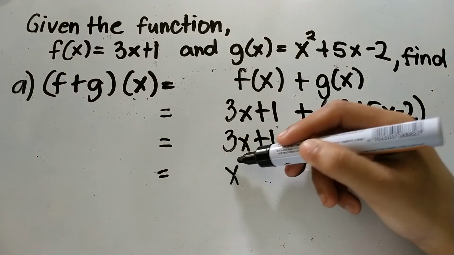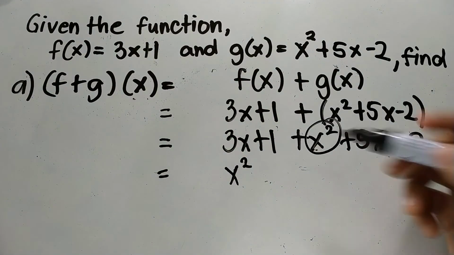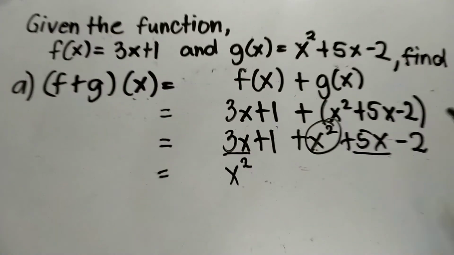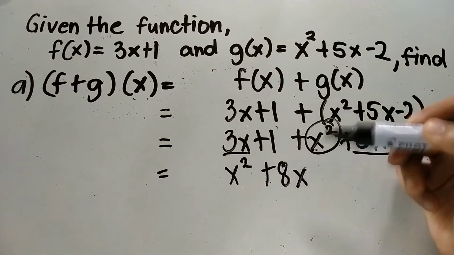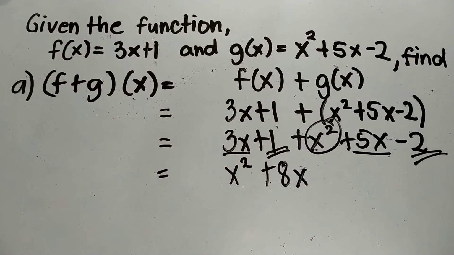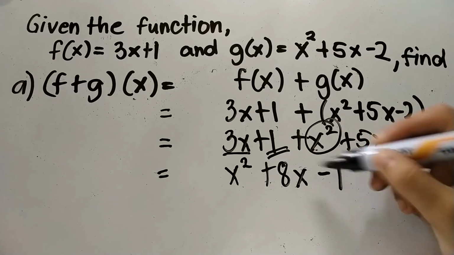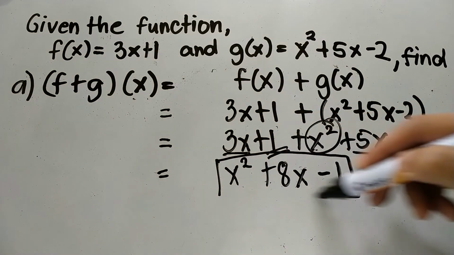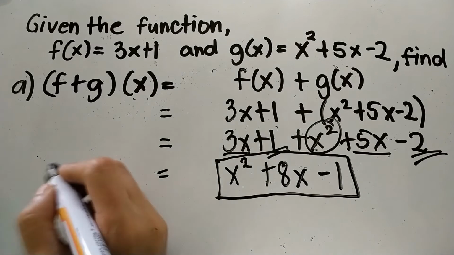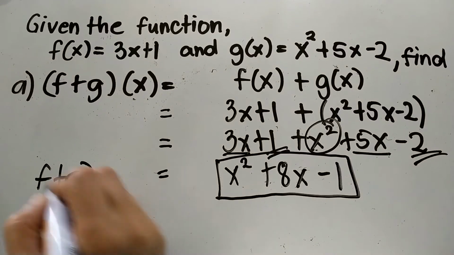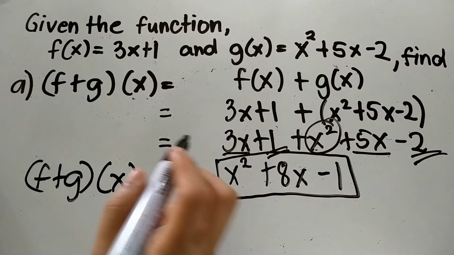So, let's rewrite that. X squared. 3x and 5x are similar. So, let's add them. It's 8x. And ang natira natin, these two constants, positive 1 and negative 2. The answer is negative 1. So, we have an answer. It's x squared plus 8x minus 1. That's the answer for f plus g of x.